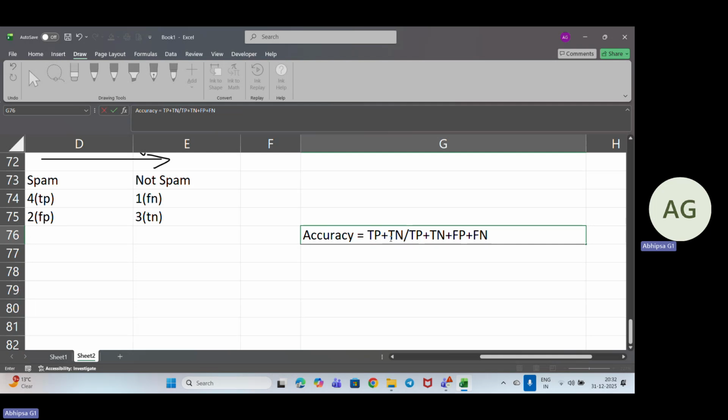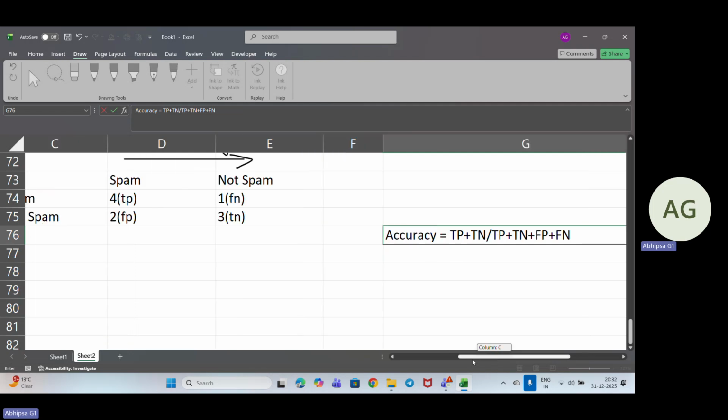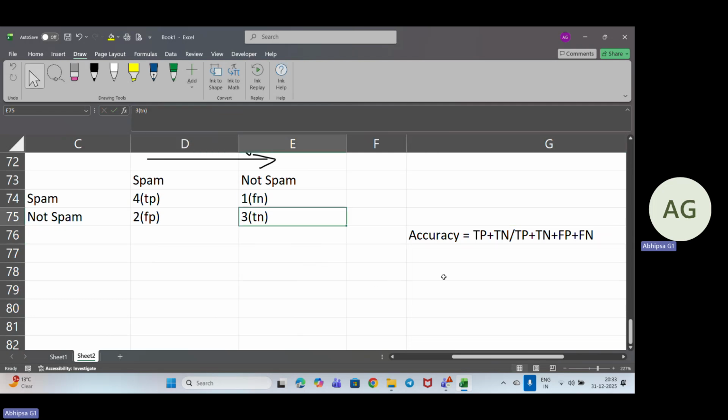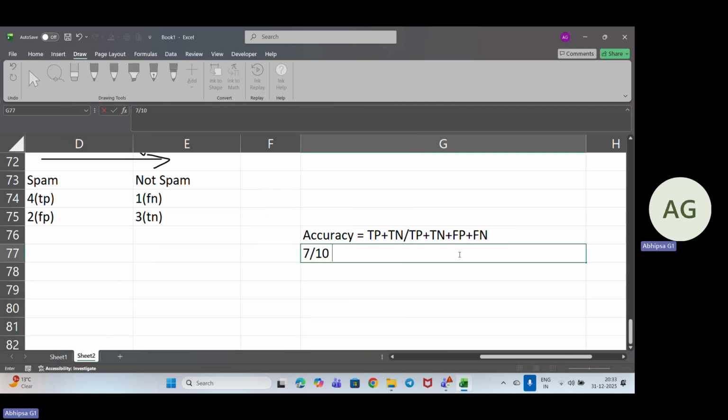For this example, we have 4, 1, 2, 3, 4, 5, 6, 7, 7 plus 3, 10. So all of this we have to take. So 4 positive, 2 negative, that is 4, and 3, that is 7. 7 divided by 10 gives us 70%.